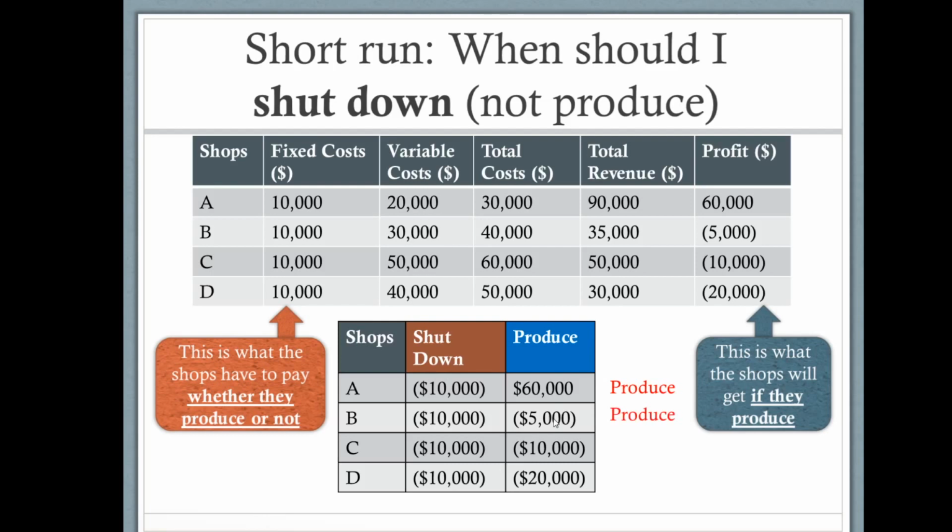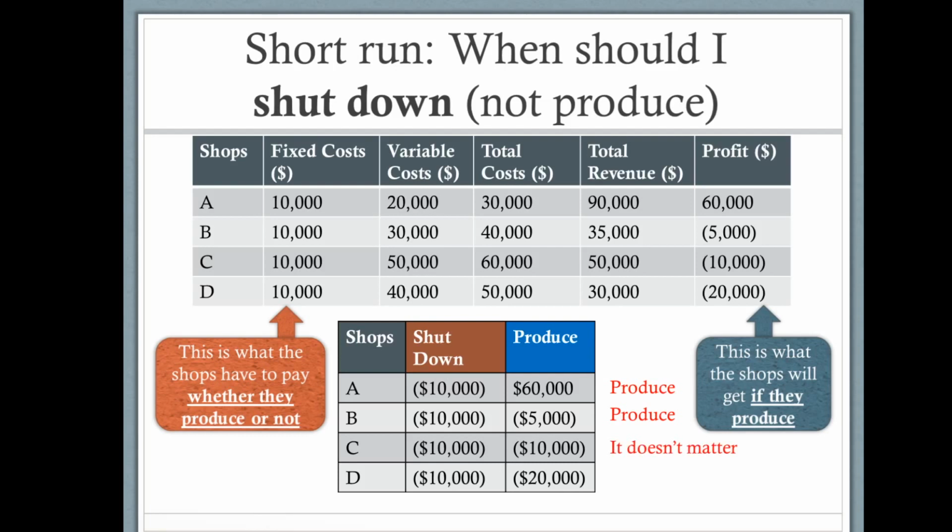And for C, should we produce? If I produce, I'm going to lose $10,000, and if I shut down, I'm going to lose $10,000 as well. In this case, you can say yes or no, because the opportunity cost is the same. You are at the break point, so it doesn't really matter.